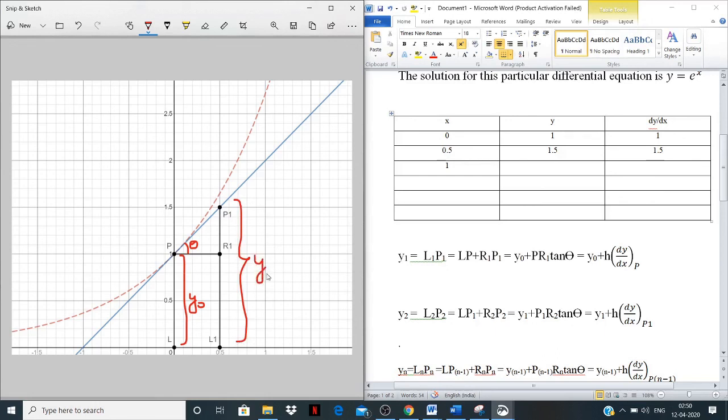We can say that y1 is equal to L1P1, where L1P1 is equal to L1R1 plus R1P1, and L1R1 is equal to y0.